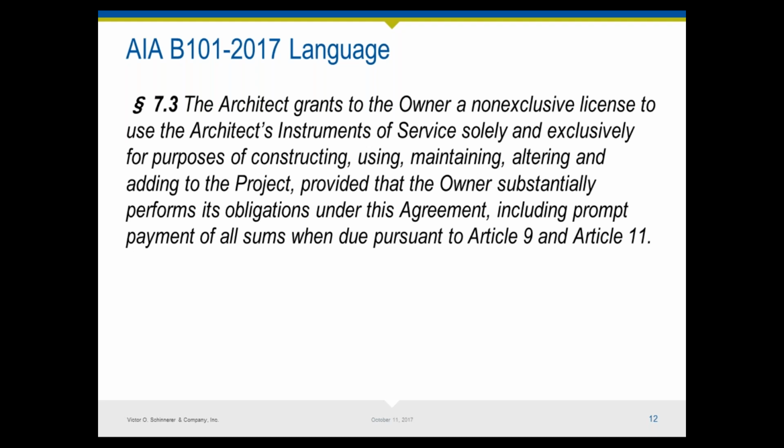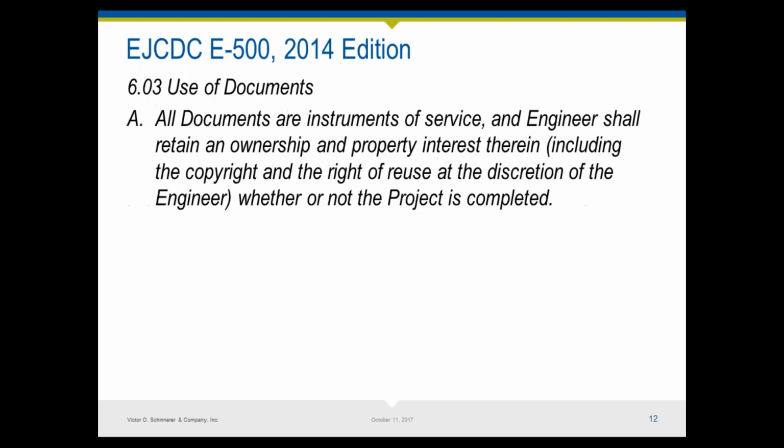And we will talk about that provision later. Article 11, which this refers to, has the general compensation terms, including the one that says the client actually has to pay the architect before any license is effective.